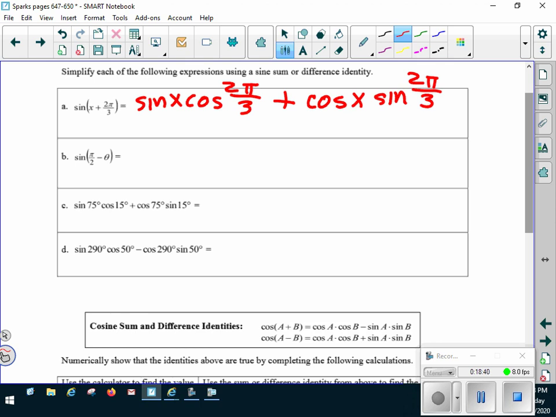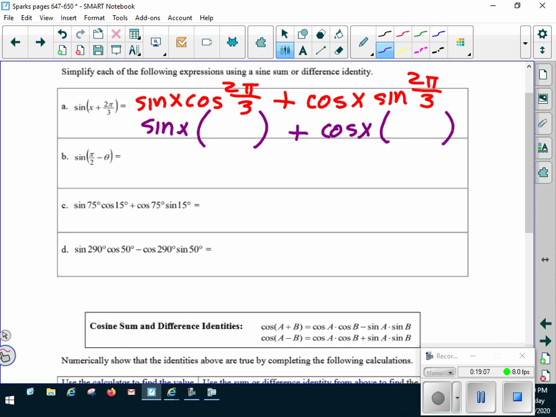It'll take you a little bit of time, but you'll get used to the formulas. So that's going to be sine of x times whatever the cosine of 2 pi over 3 is, plus the cosine of x times whatever the sine of 2 pi over 3 is. Yes?